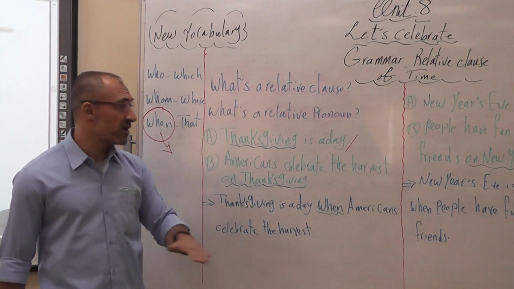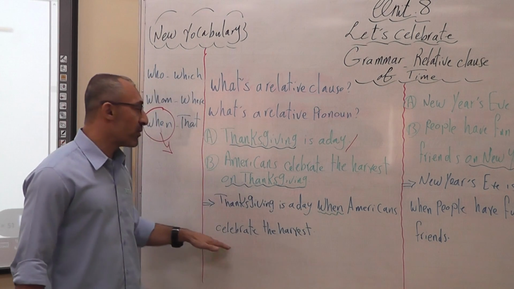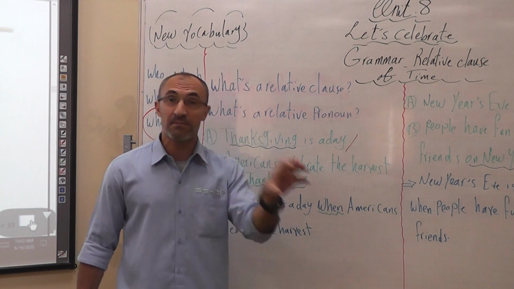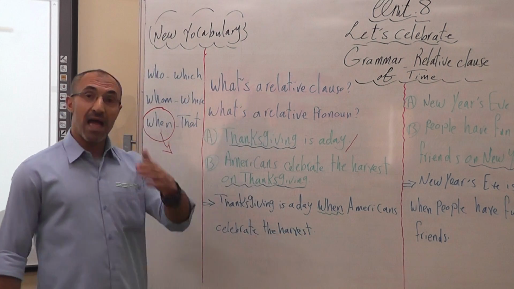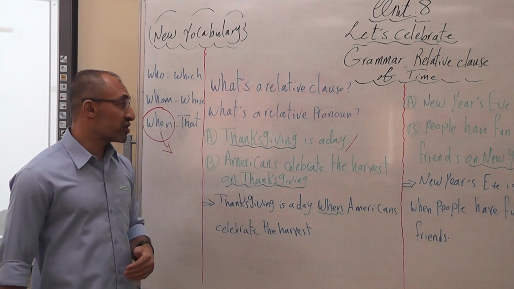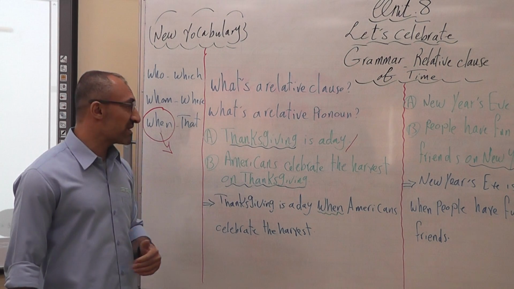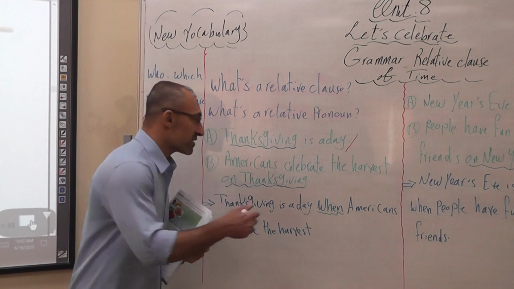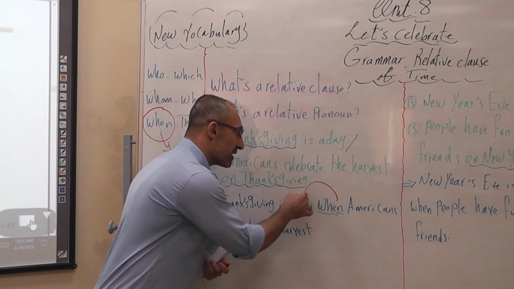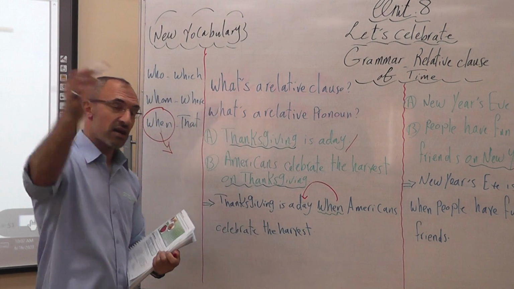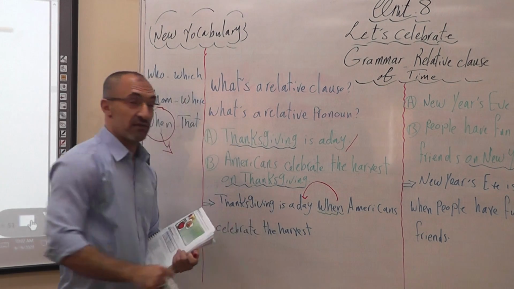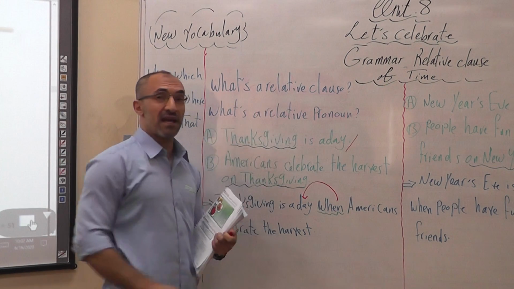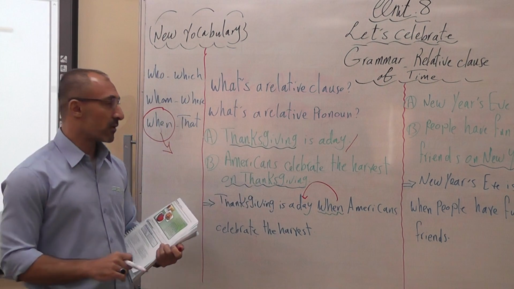I can never use when Americans celebrate the harvest as it is, because it's not going to give us a complete meaning, okay? And it describes a noun that comes before it. So here, when describes a day, which mainly refers to Thanksgiving. So this is what's meant by our relative clause as a definition. Okay?